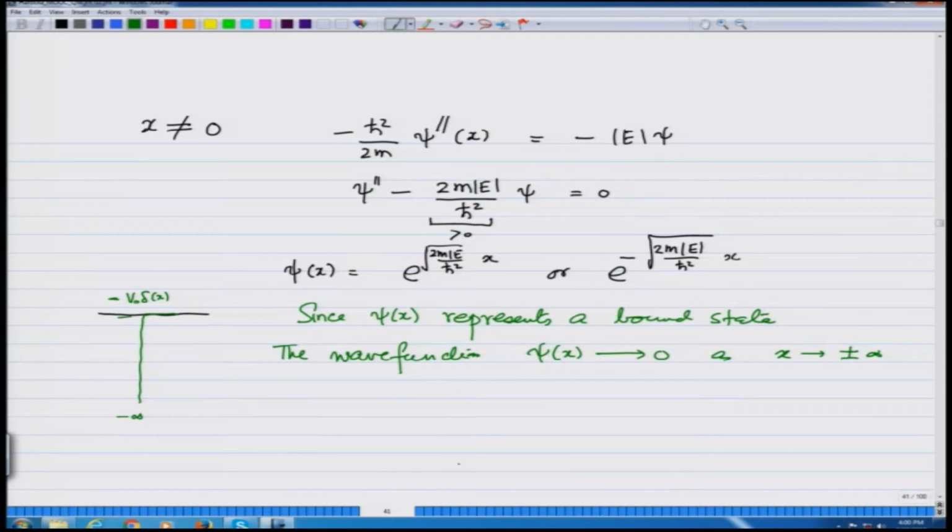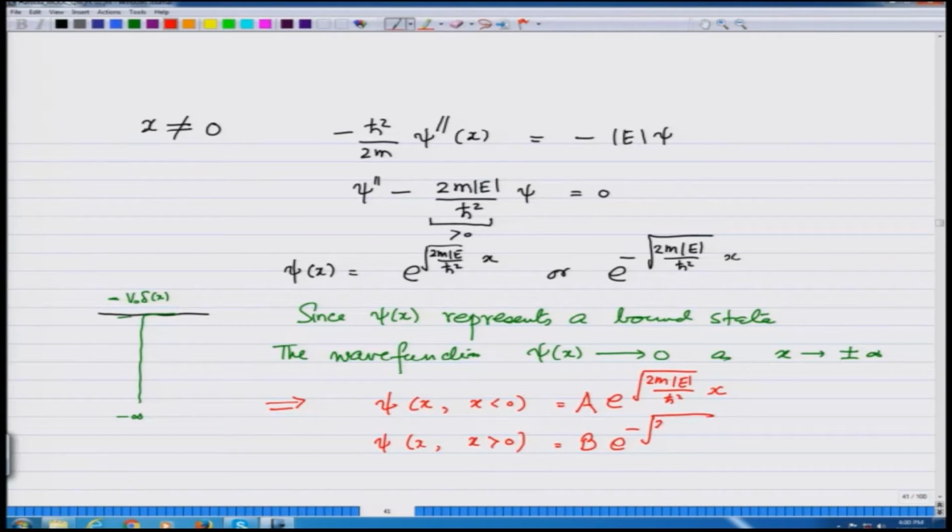That means there is almost 0 probability of finding the particle far away from the potential, and this immediately implies that psi x for x less than 0 is going to be e raised to square root of 2m mod E over h cross square x with some constant a in front, and psi x for x greater than 0 is going to be some constant b e raised to minus square root of 2m mod E over h cross square x.